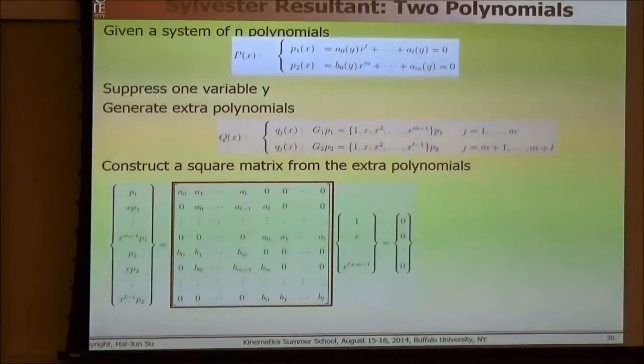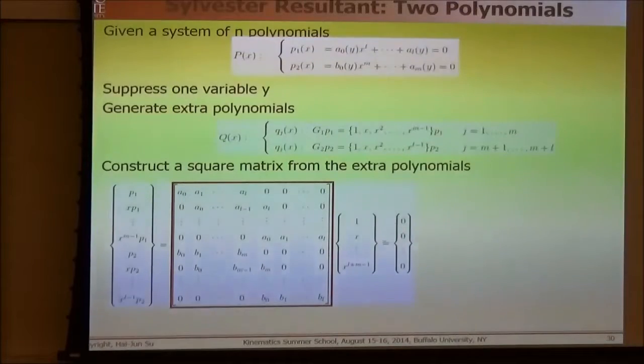So you get another L polynomials. So you construct this into this matrix, and this is the monomial set of the x, and this a_i and b_i is actually a function, a polynomial of the suppressed variable y.